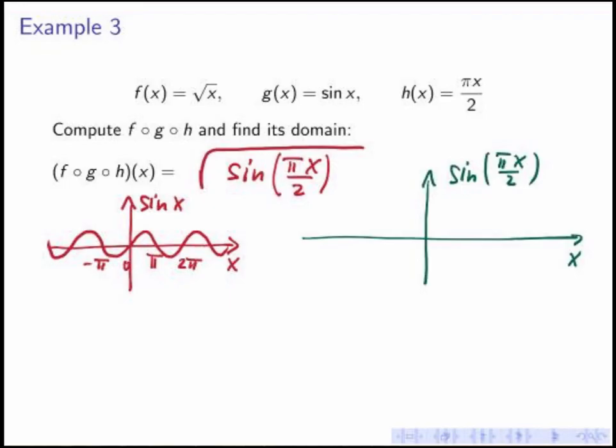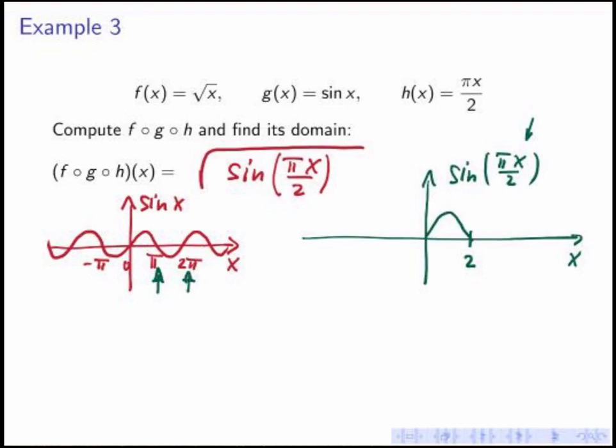Again, I expect an oscillation, but I'm interested now where this function is equal to 0. So look at pi. Here the sine function is 0 when the argument is equal to pi. Now this argument is equal to pi when x is equal to 2. Okay, so then I indicate the 2 here, and I have already my first loop.